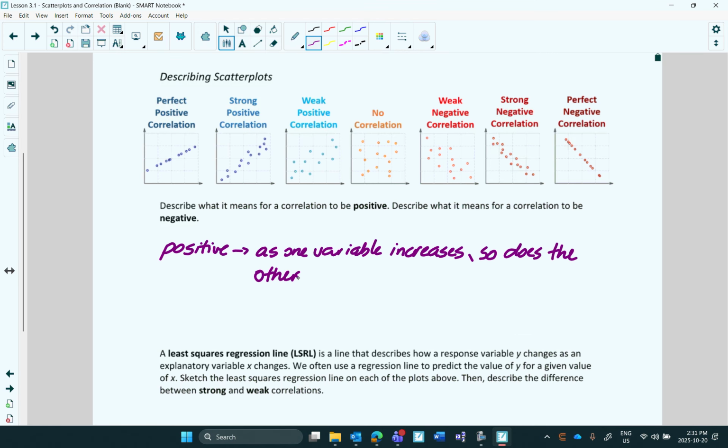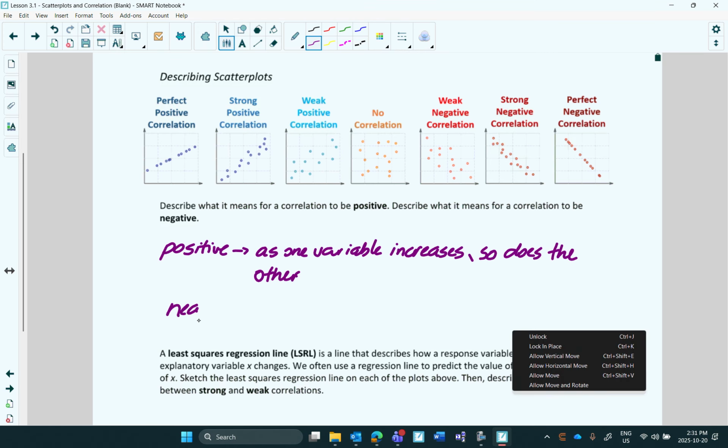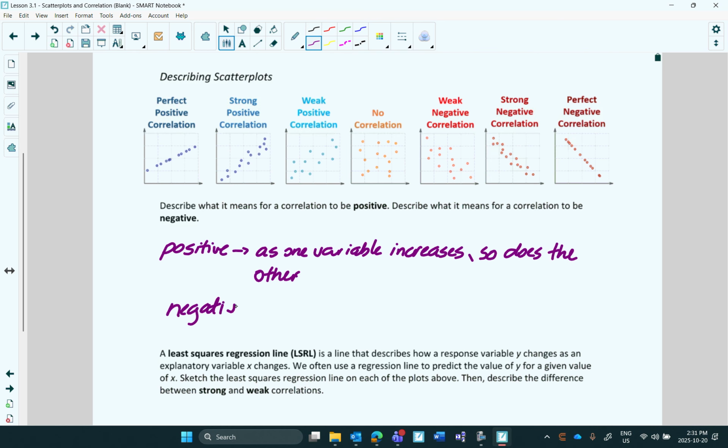If it's negative, we still say as one variable increases, this time, though, the other variable decreases.